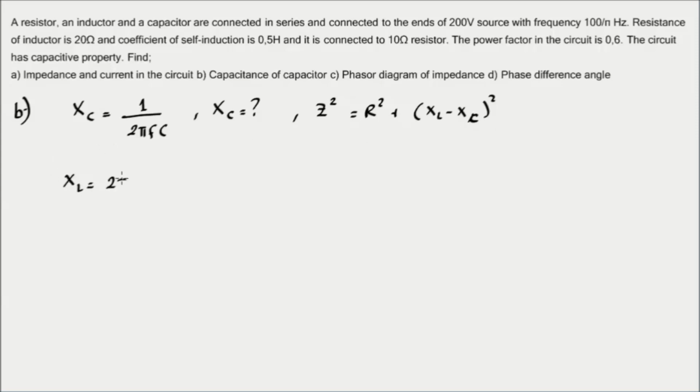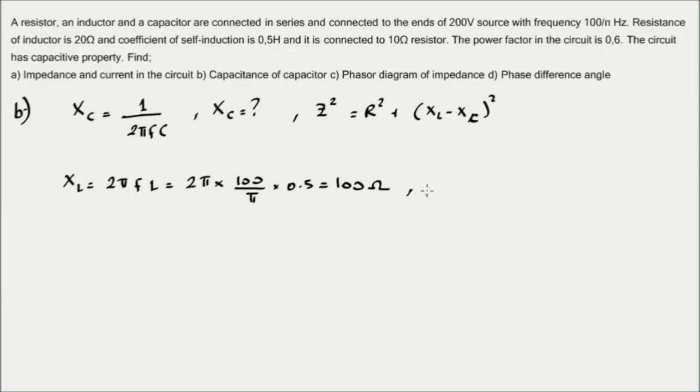XL equals 2 pi F L, and the L is given. 2 pi times F, which is 100 over pi, times L, which is 0.5, so it's going to be 100 ohm.